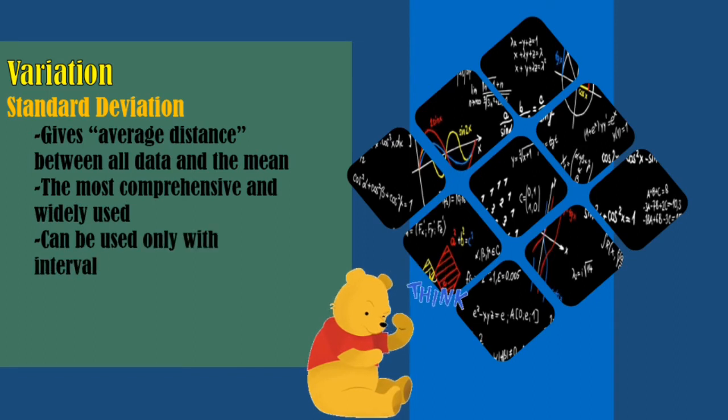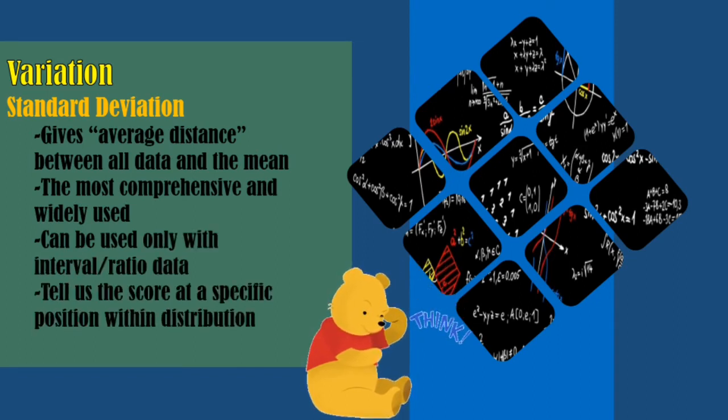Of course, one of which is the standard deviation. This gives the average distance between all data and the mean. Standard deviation is the most comprehensive and widely used measure. This can be used only with interval or ratio data.